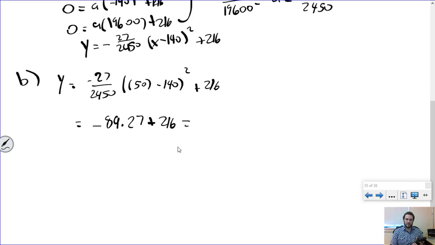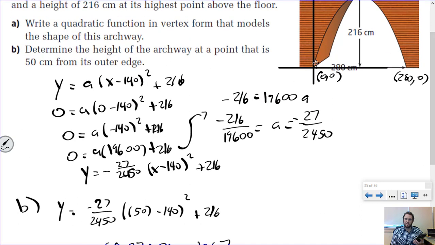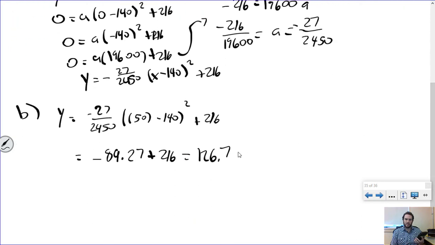When we add that to 216, we get 126.7. So what that means is when our archway is 50 centimeters from this edge, it's going to be 126 centimeters above the ground.